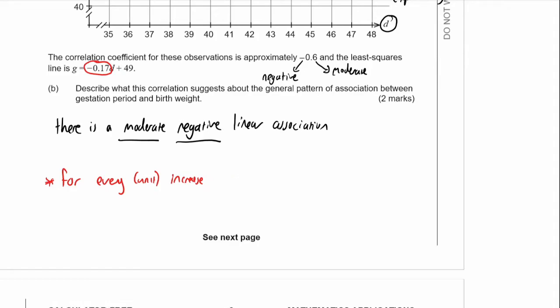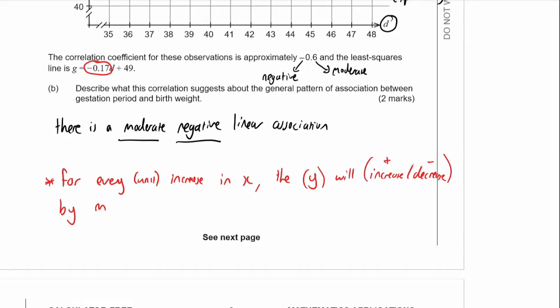For every unit increase in x, the y, whatever y is, will increase or decrease, depending on if the gradient is positive or negative, by whatever the gradient is.